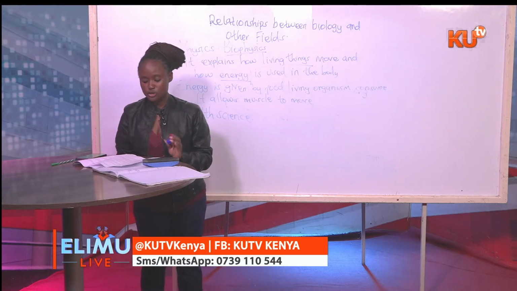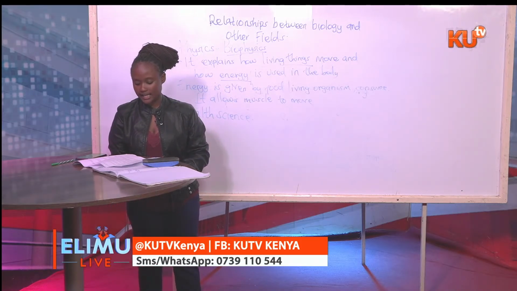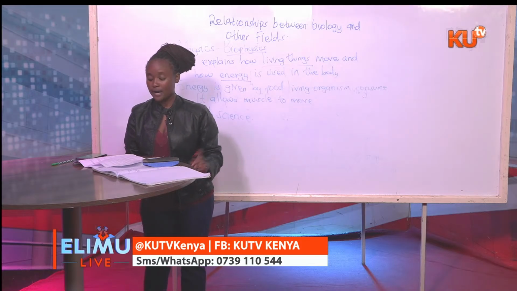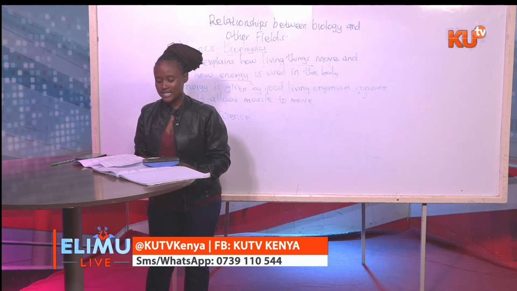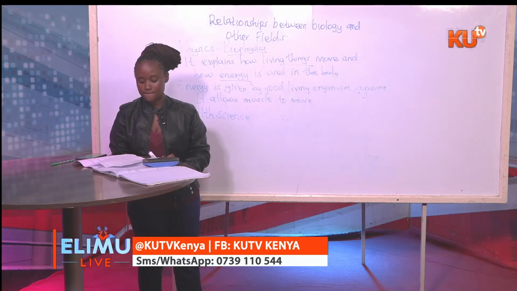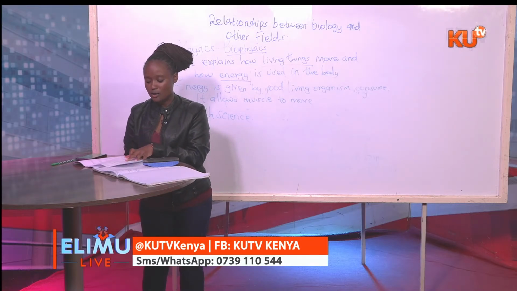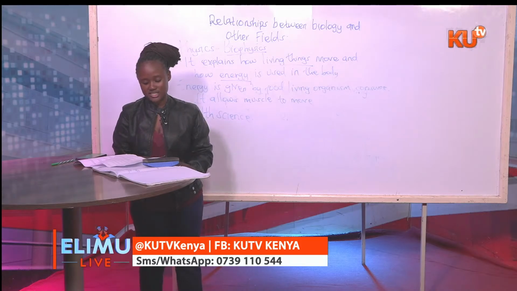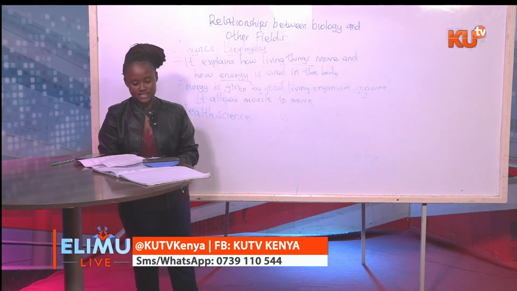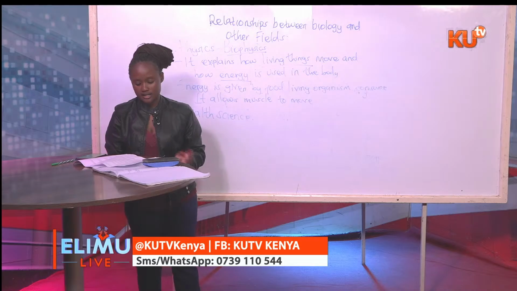Understanding nutrition helps in studying health issues like malnutrition, obesity, and the importance of a balanced diet. Health science teaches students how nutritional deficiencies can lead to diseases like scurvy or rickets.